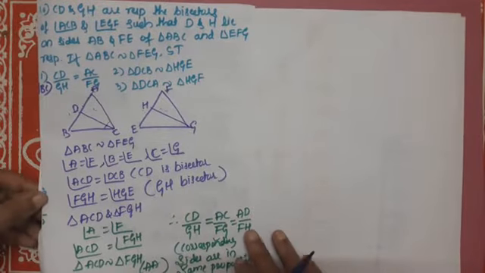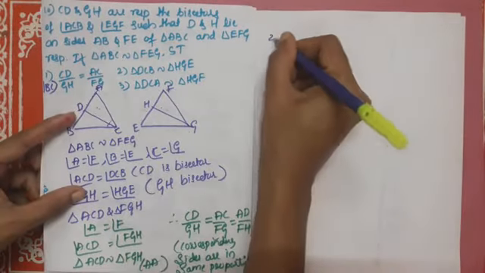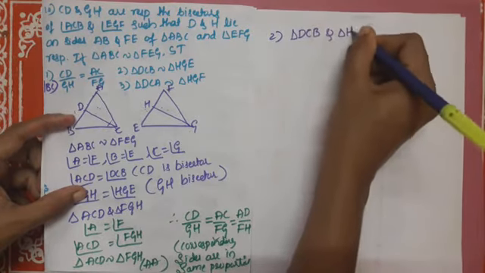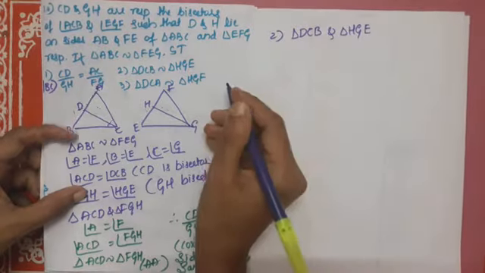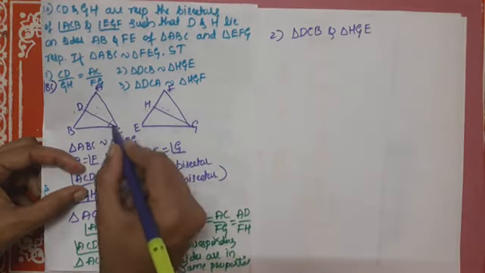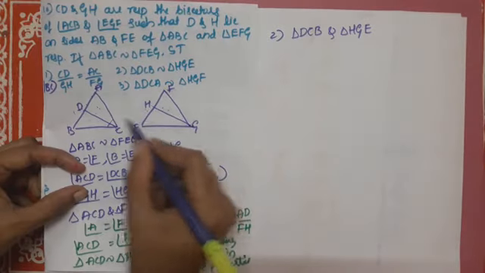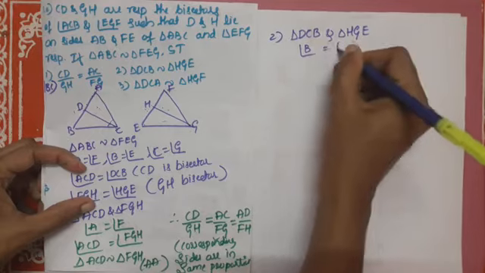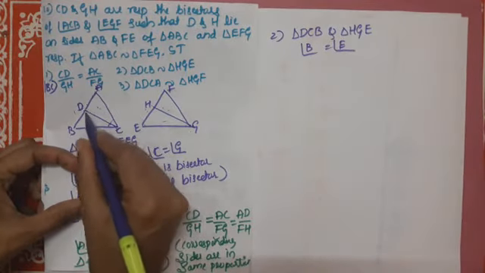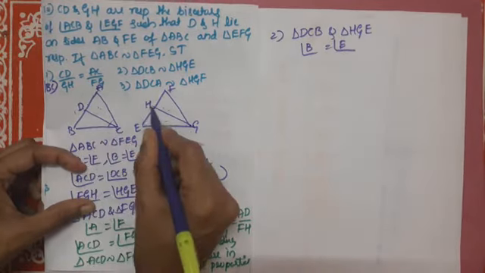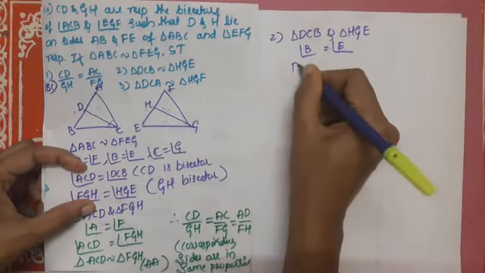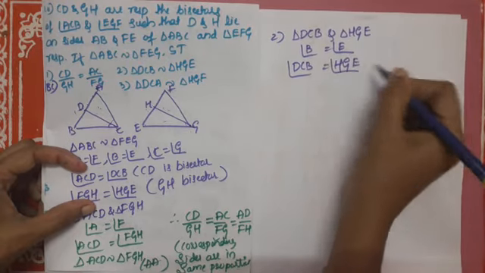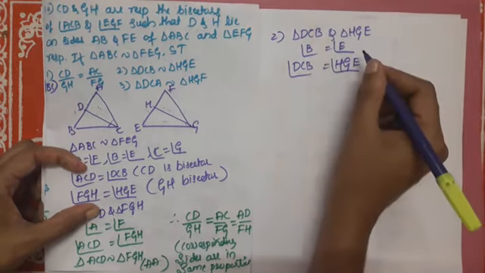Here we will prove the second one: triangle DCB and triangle HGE are similar. In these two triangles we know angle B equals angle E. Then we also know DCB equals HGE.